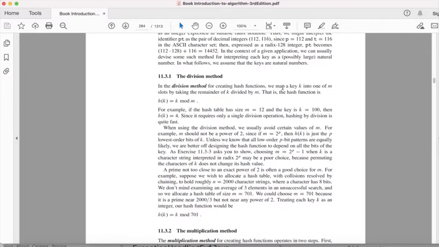We map a key value k into one of m slots by taking the remainder of k divided by m. So this is our target. Let us explain what we mean by this.